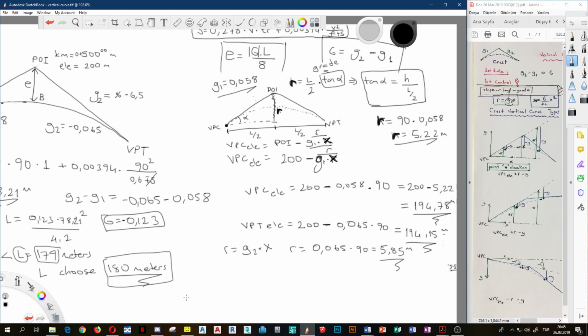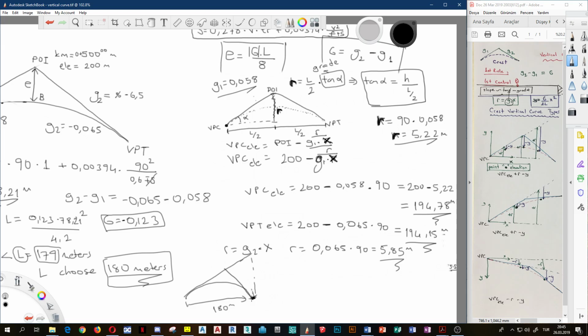Look at that. It is a curve, and this is the first line, this second line, sorry, second line. I try to find this point's elevation, and if I go through 180 meters, of course we can find it here.